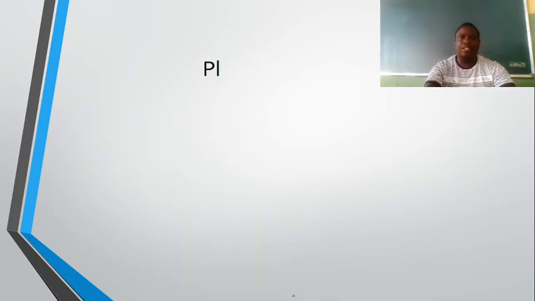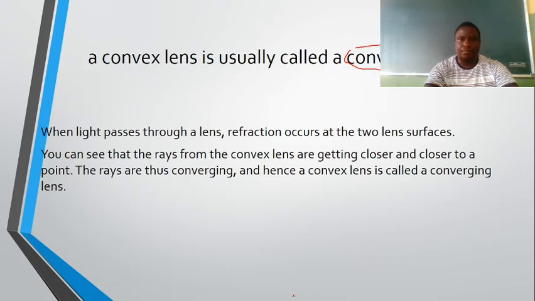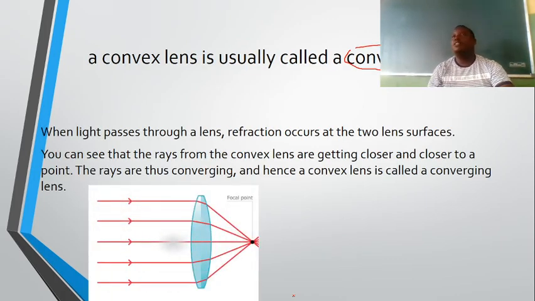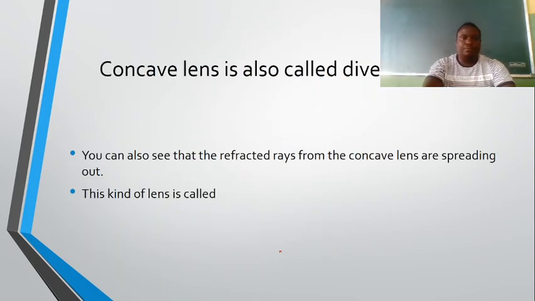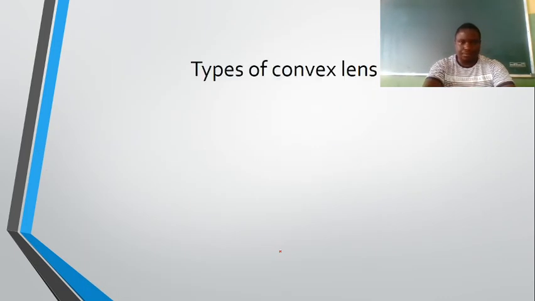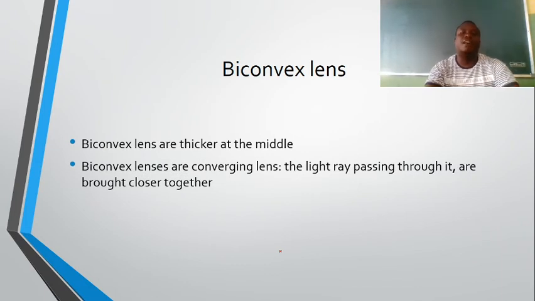They converge parallel beams to the same point. That is what converging means. So the biconvex lens converges light because it's a converging lens.